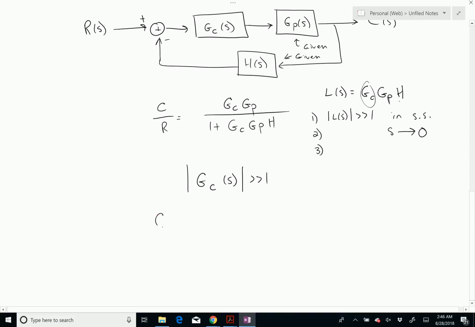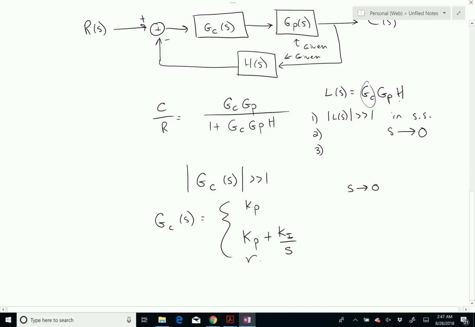So in the homework, I have you consider two G sub C's. One is KP, one is KP plus KI over S, okay? So what I do is I have you consider these two scenarios, okay? Couple of things, right? If I just look at this, since I said that steady state is basically this whole limit as S goes to 0, well, that tells us some important stuff, right?